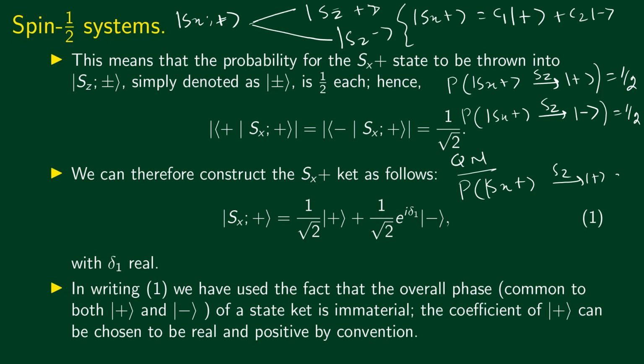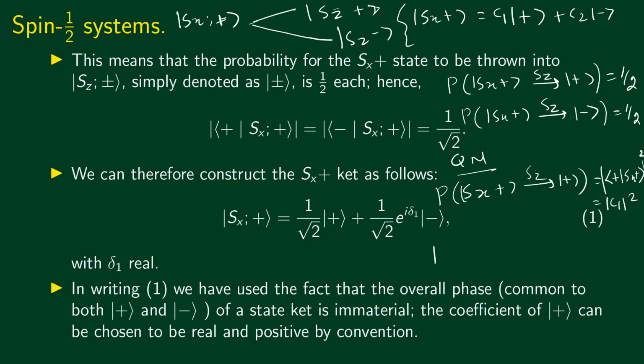Or let's write it more precisely. The probability that Sx plus changes to ket plus under a measurement of Sz is equal to, so in order to calculate this, you have to take the component of Sx plus along ket plus and then find the modulus square of this. So in other words, this is equal to modulus C1 squared.